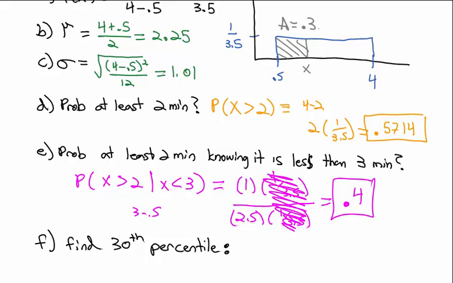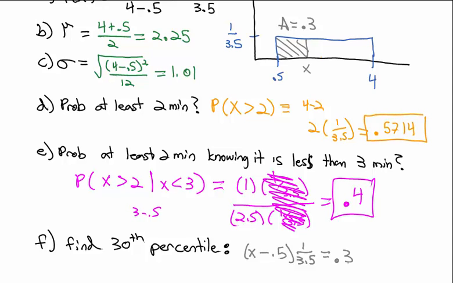So the base here is x minus 0.5 times the height, which is 1 over 3.5. And I want that to equal my area of 0.3.